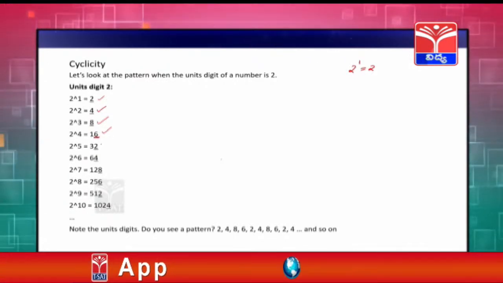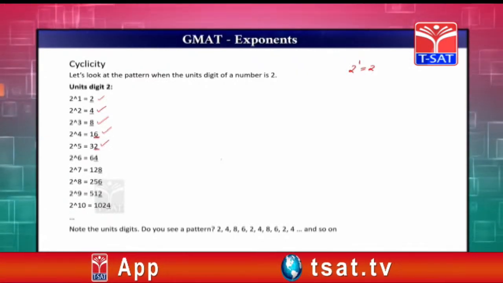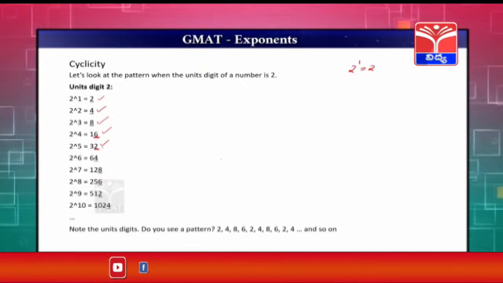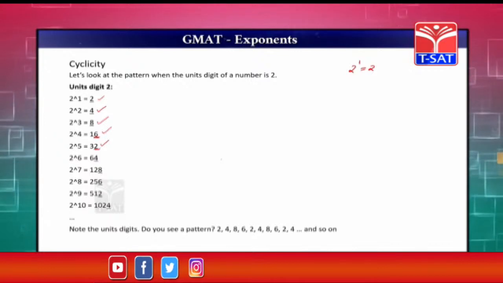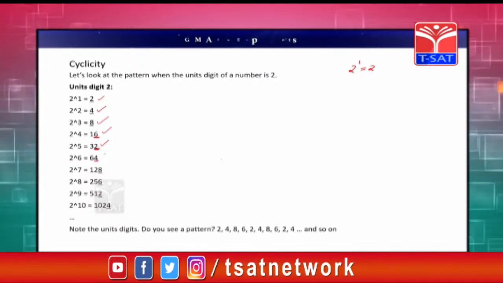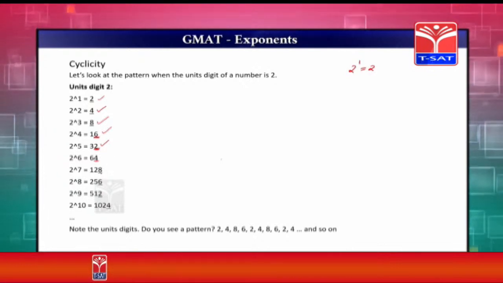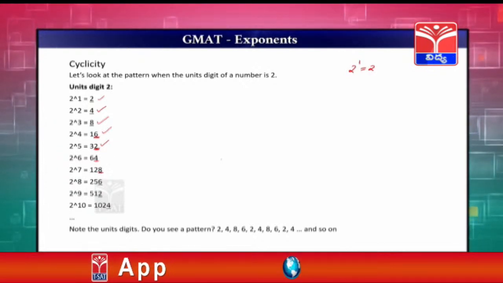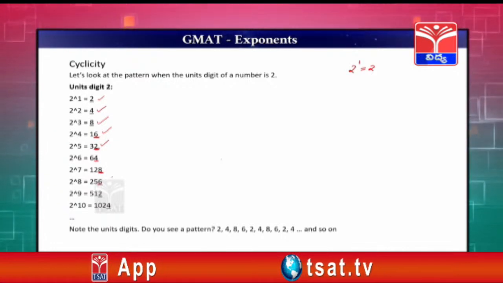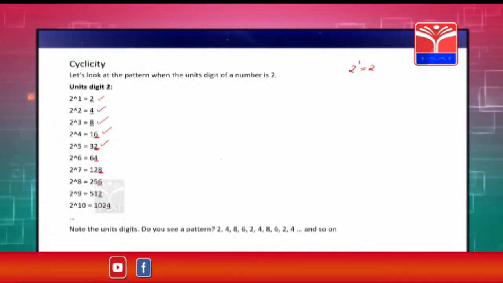So even though it's 16, we are only looking at 6. Then 2 raised to 5 is again 2, so the pattern will repeat. Here the pattern is 2, 4, 8 and 6. 2 to the power of 5 is 32 and the units digit is 2. Then 2 to the power of 6 is 64, the units digit is 4. 2 to the power of 7 gives units digit 8, and 2 to the power of 8 is 256 with units digit 6.